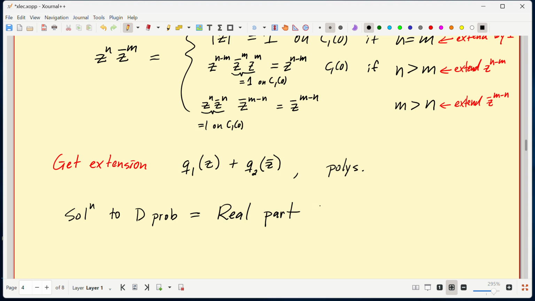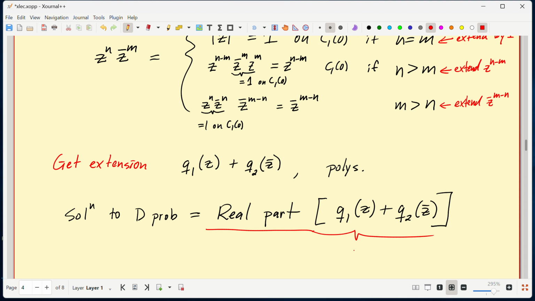So it's going to be the real part of q1 of z plus q2 of z bar. And that's a polynomial. This thing is a polynomial in x and y. So it's a polynomial harmonic function.